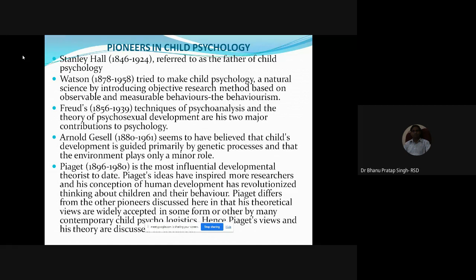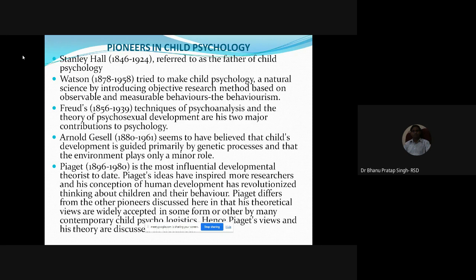And Piaget, you must have heard the name of Jean Piaget. We have discussed more about Piaget. Piaget is the most influential developmental theorist to date. He practiced on his own child. He observed and experimented on what are the stages and how the child reacts, how the child learns, which we have already discussed in previous sessions.